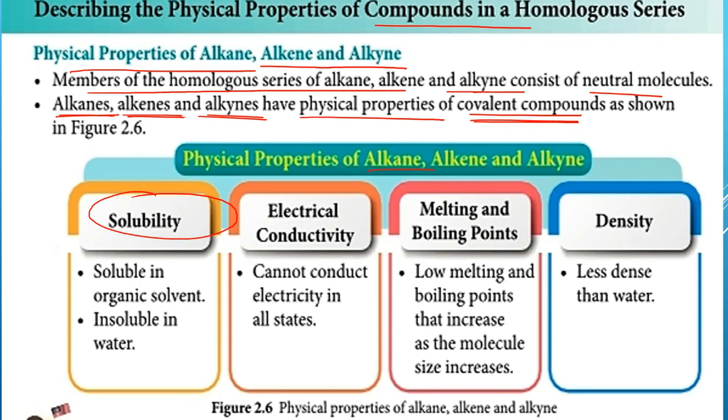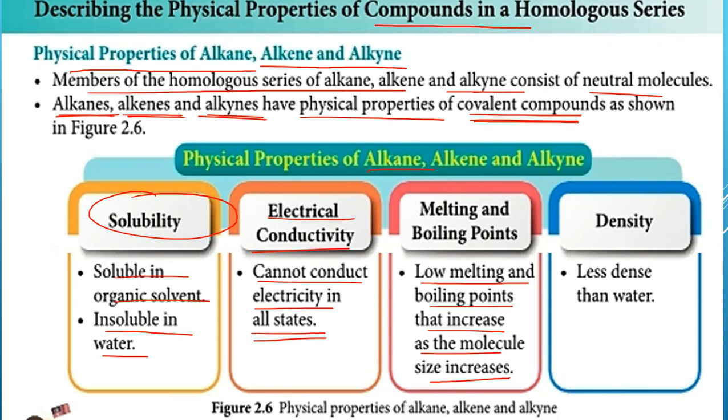Okay, example, solubility. Alkane, alkene, and alkyne are soluble in organic solvents but insoluble in water. Electrical conductivity: they cannot conduct electricity in all states. Melting and boiling point: they have low melting points and low boiling points, that increase as the molecule size increases.